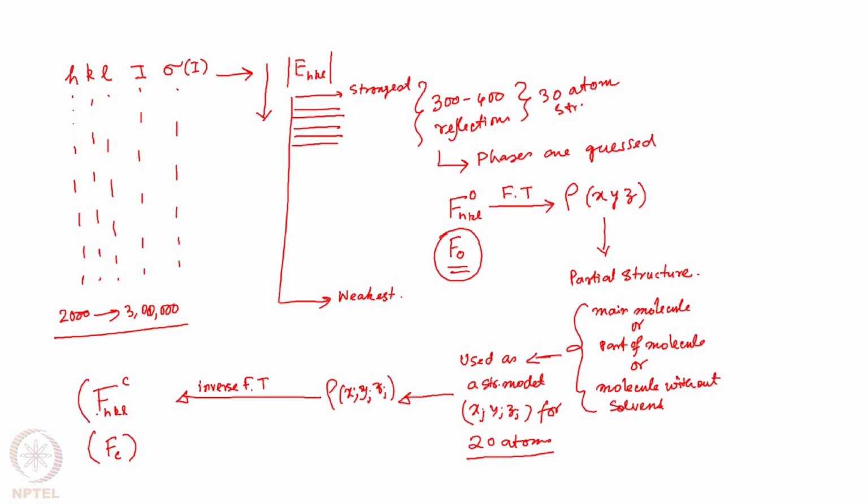So we get a large number of structure factors calculated from the electron densities that we have got in the initial structure, and then we compare this calculated structure factor with the observed structure factor, and we find that of course there is a difference. So the difference is FO minus FC. This can be positive, this can be negative as well. When this FO minus FC is positive, that means the model is still not complete.